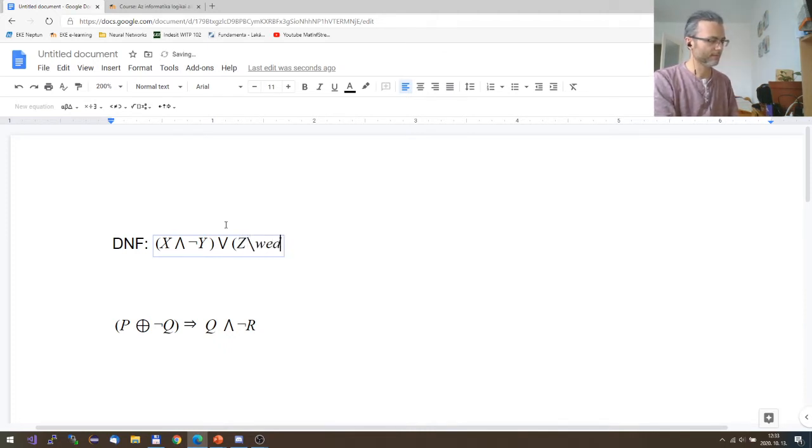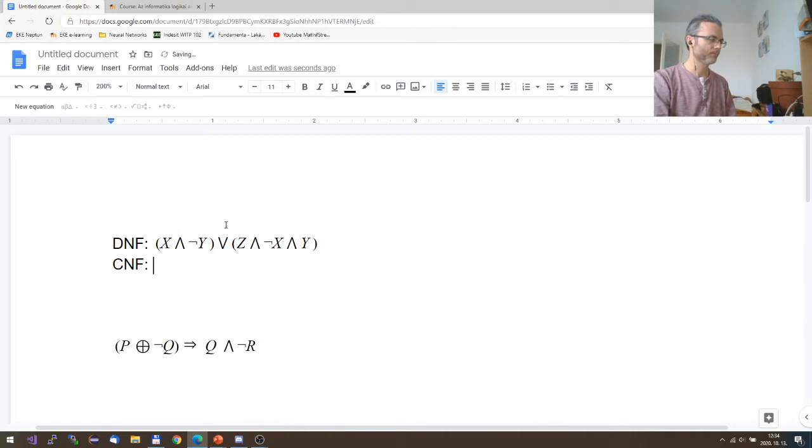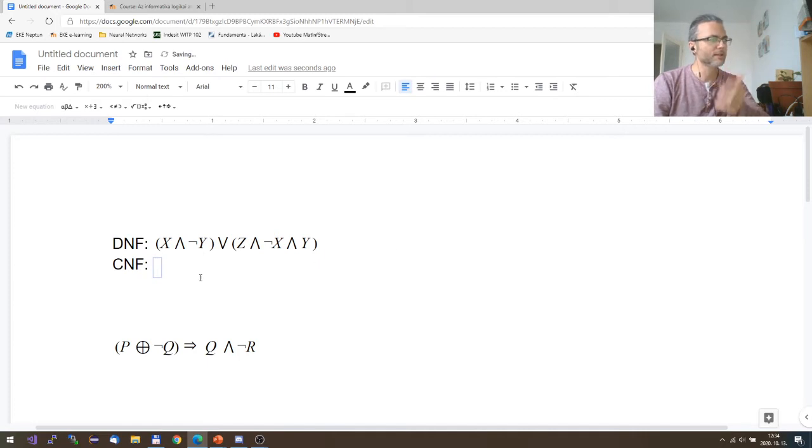So let's suppose we have this kind of DNF, like X, and let's make it more difficult, Y. And you want to translate it to a CNF. How to do that? This is the question. The easiest way is to apply De Morgan. No, not De Morgan.